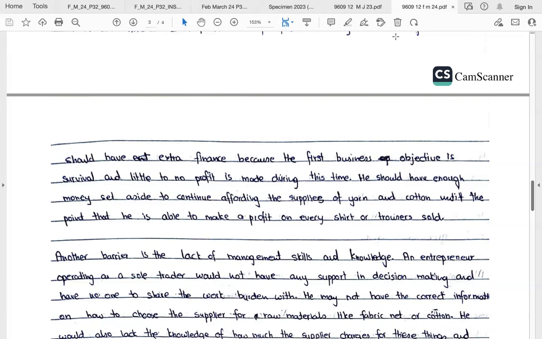He should have enough money set aside to continue affording the supplies of yarn and cotton, with the point that they're able to make profit on every shirt or trouser sold.